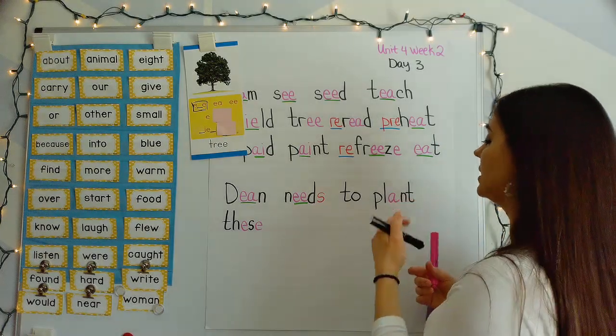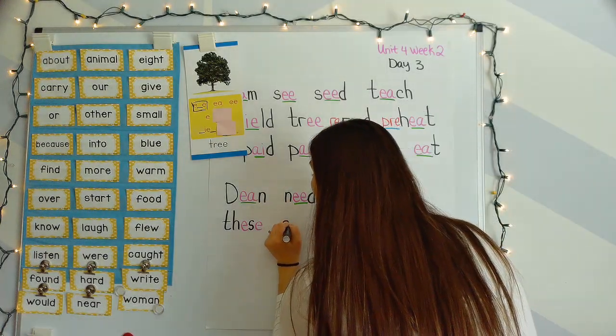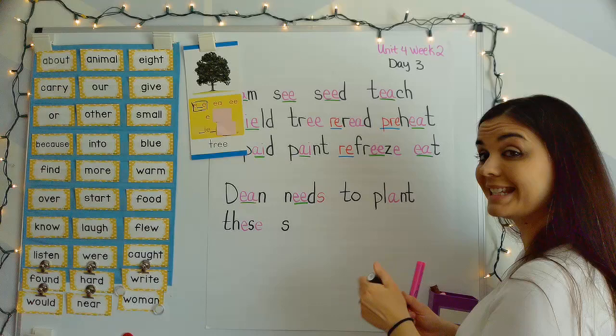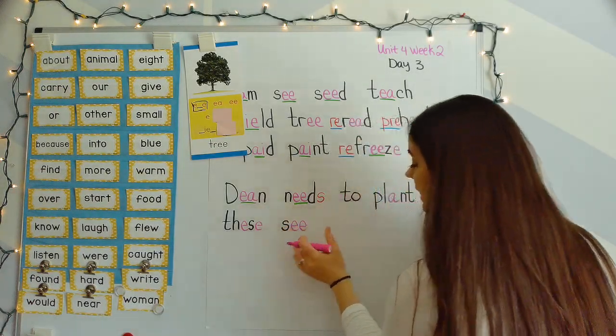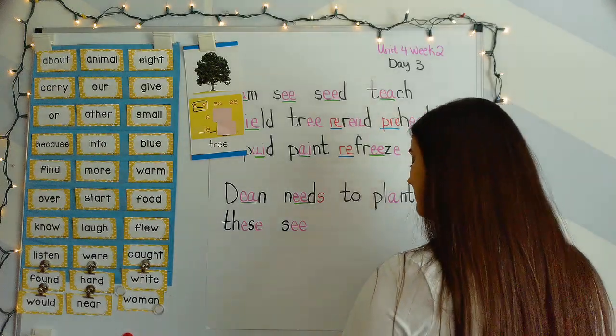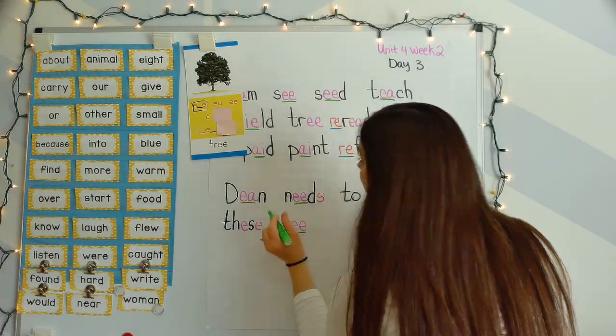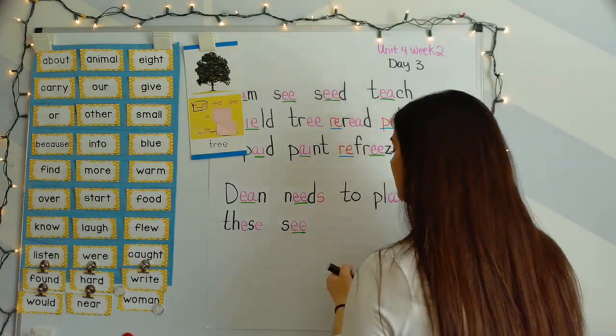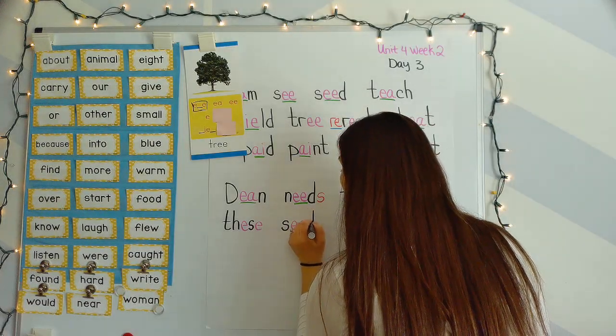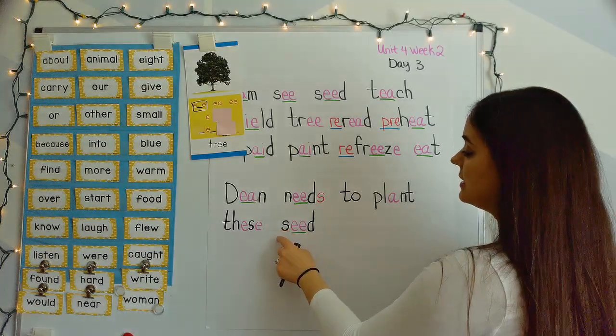These what? You might be able to guess. S says S. E-E, vowel team, works together to say long E. S-E. D says da.